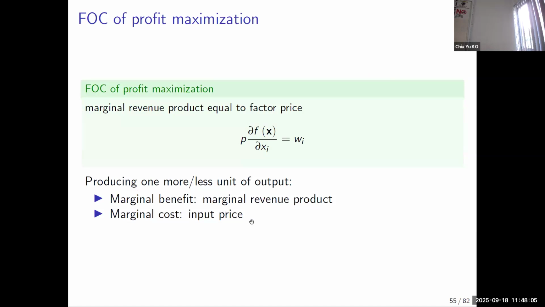This is a cost. And what's good about this is you can always sell your product at price P because the price is sticky. So when you increase 1 more unit of input i, the output you can produce times P is the benefit of that, right? That is the standard thing in economics, the marginal revolution. People talk about how everything is marginal at the end of the day.